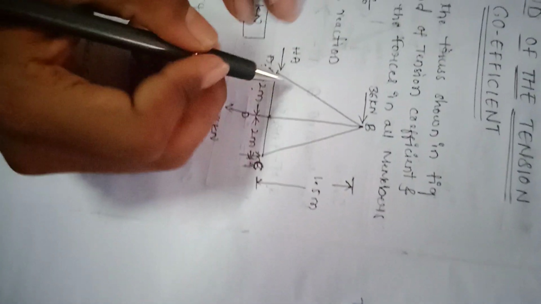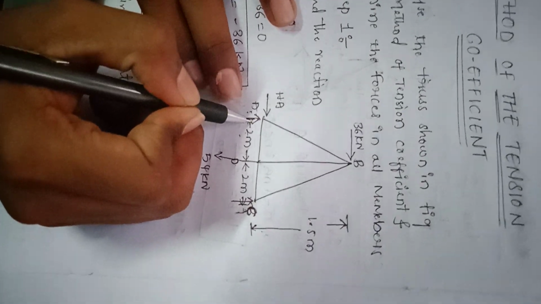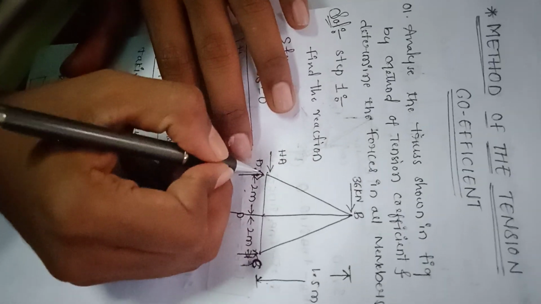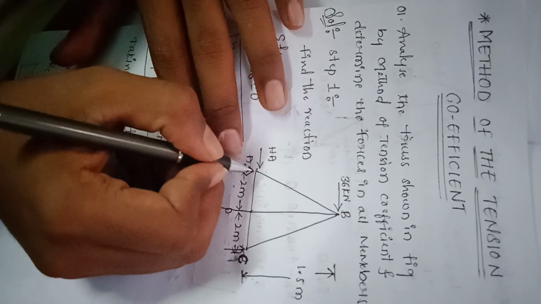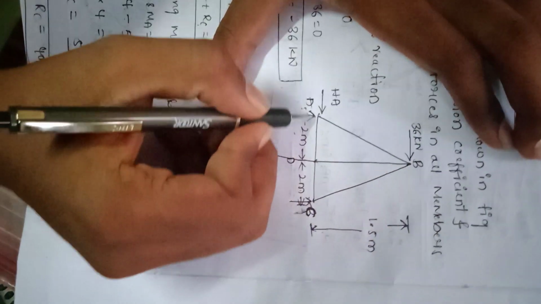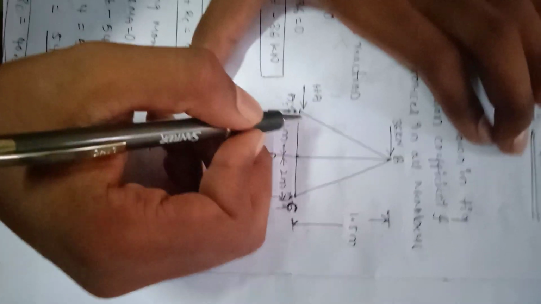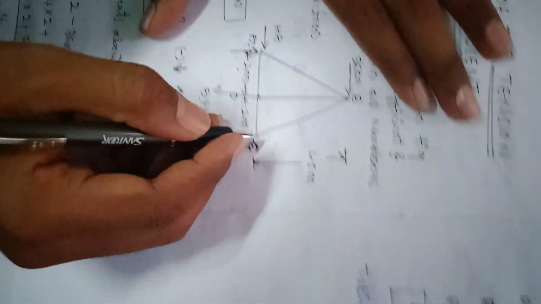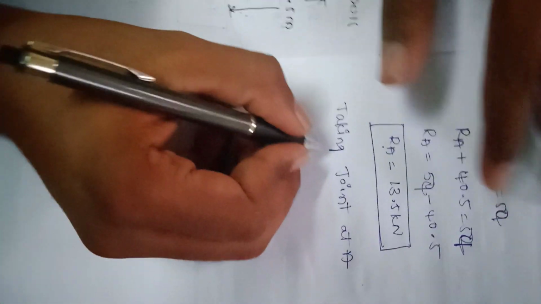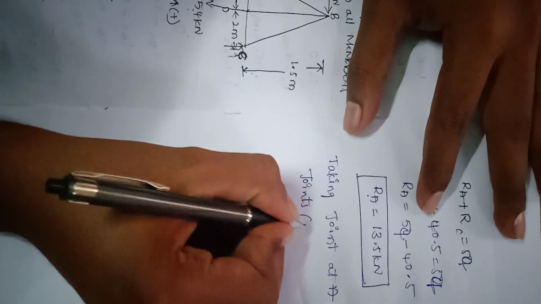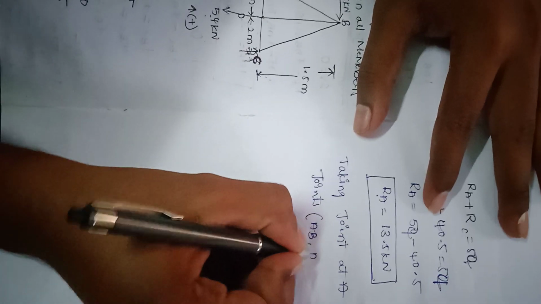See here, we are considering the joint now. Here the joint A is connected to two members, that is AB and AD.